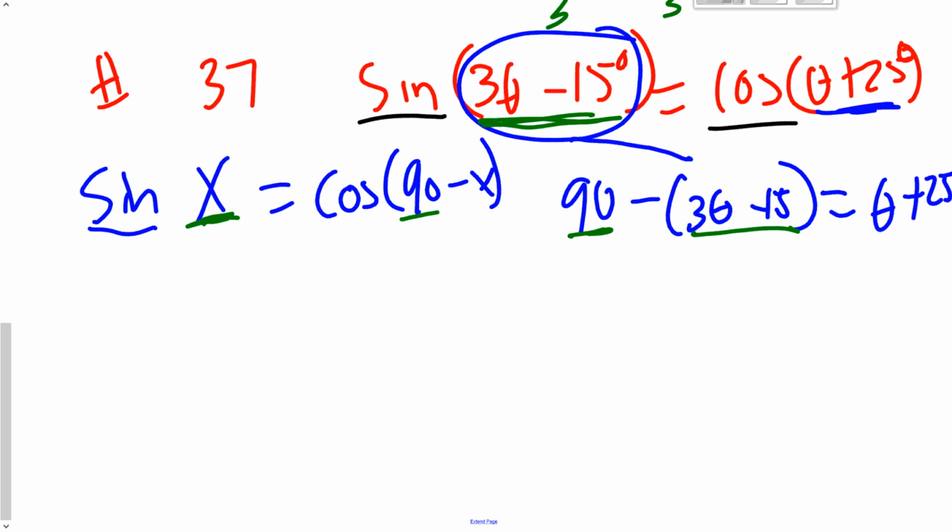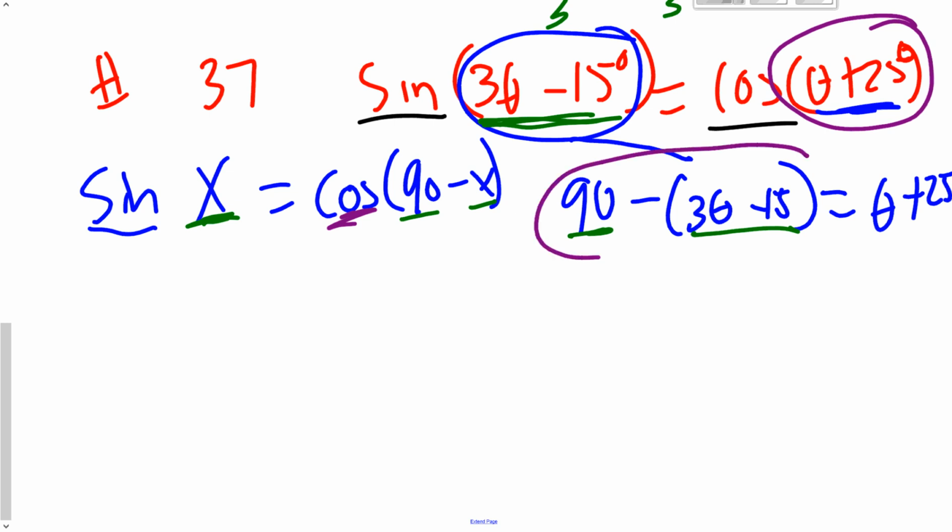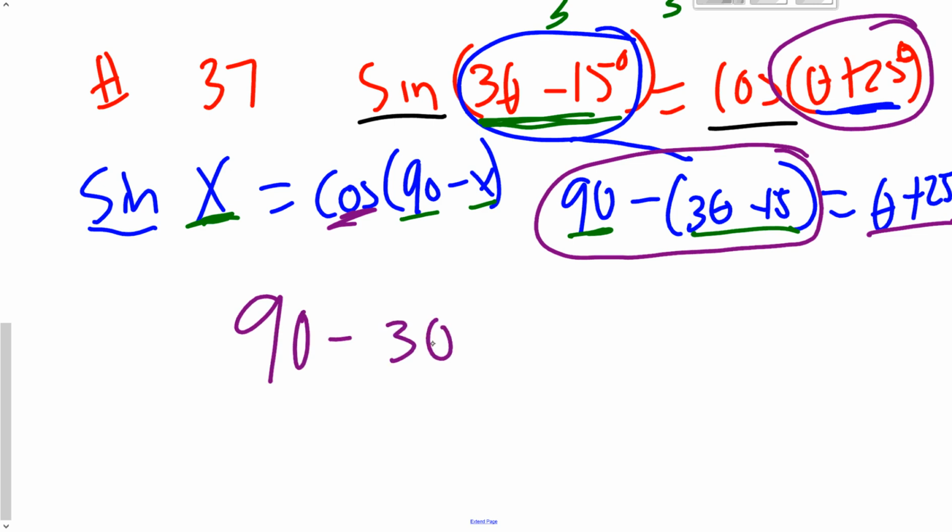So that's our 90 minus x, and that's what cosine is supposed to be of. But cosine is this, and I need it to be 90 minus x, so I set them equal to each other. I take my 90 minus whatever the angle of sine is, and set it equal to what we have inside of cosine here. So now we can solve this, distribute that negative.